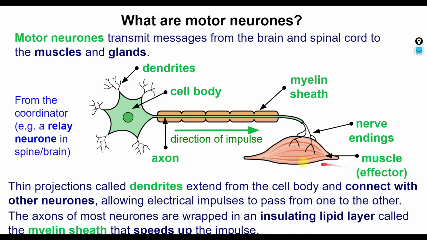An effector here I've shown is a muscle. Can be a gland, but it's often a muscle. Look again on this neuron. We've got the myelin sheath wrapped around the axon to insulate and help speed up the electrical impulse.